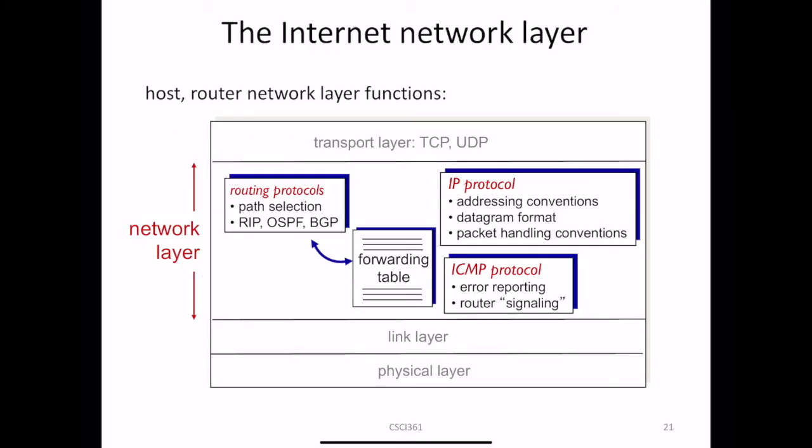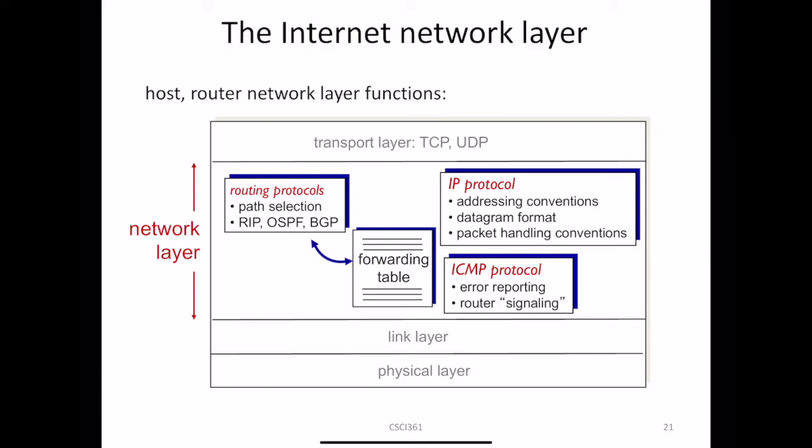As we know, for the network layer, not only the end systems will implement a network layer, but the routers will implement the network layer as well. And there are three types of protocols implemented on the network layer.